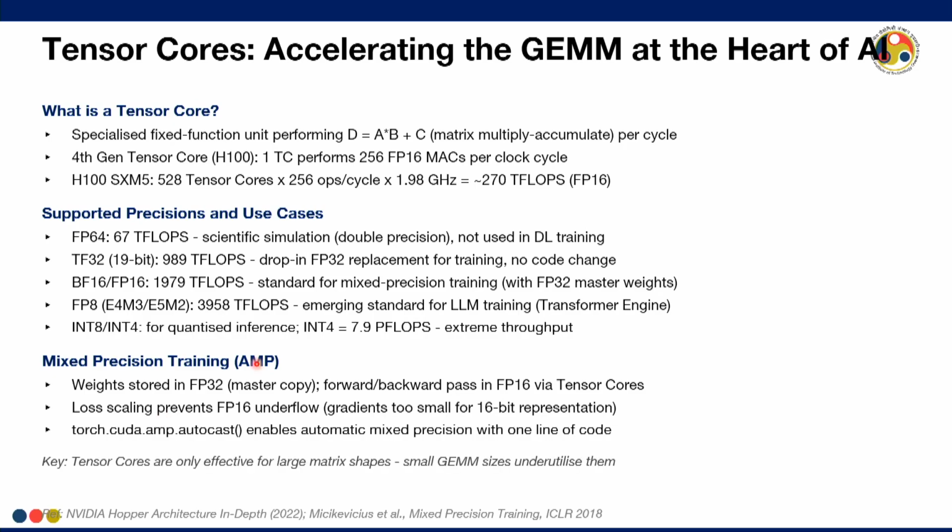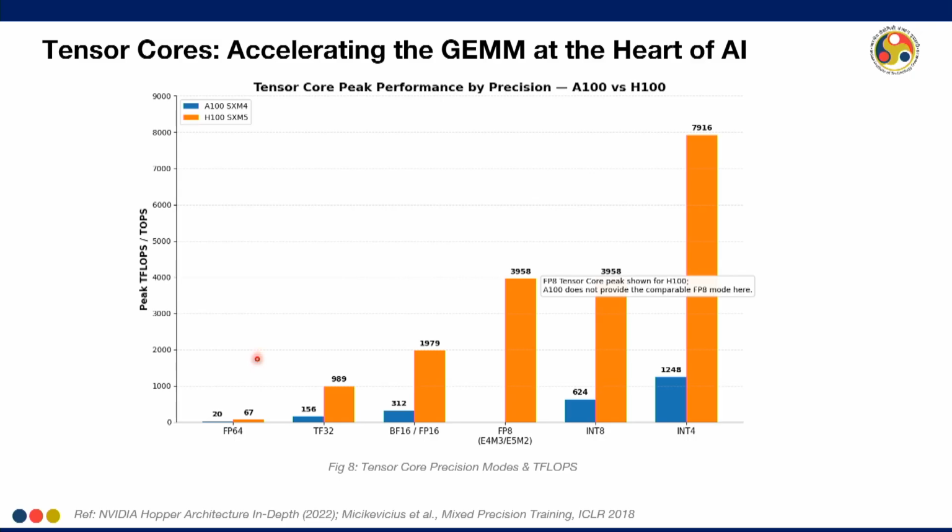Okay. So with this we'll do a performance comparison between the H100 and its predecessor, the Ampere series. You can see the floating point 64, which is around 20 teraflops. Here the x-axis represents different data types and the y-axis the peak teraflops that you can achieve.